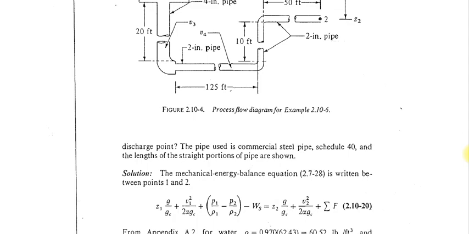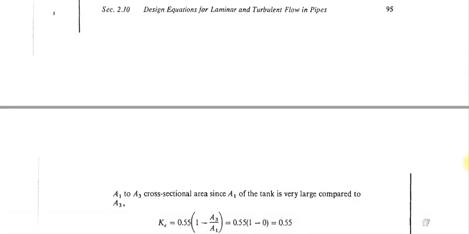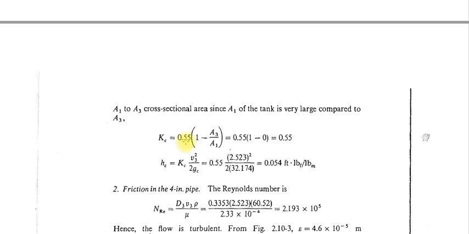So you can assume this value is 0, and then the equation becomes 0.55. The KC value becomes 0.55, and when you substitute in hC equal to KC times V3 square by 2, you will get the answer. You already calculated the velocity, so you just substitute all the values and you will get the value of hC, which is 0.054 feet LBF per LBM. This is the unit of energy per unit mass in the British unit.